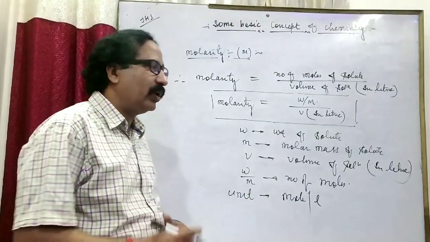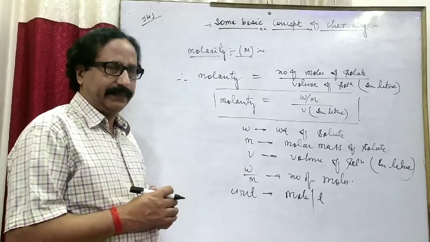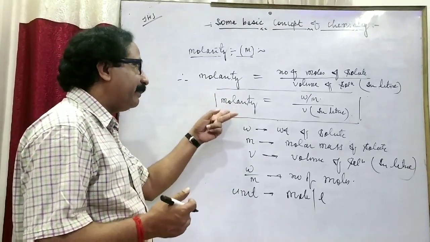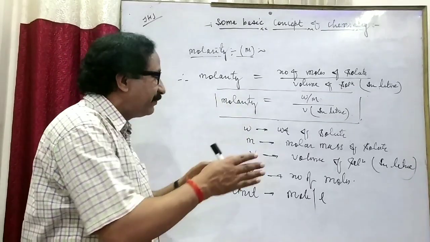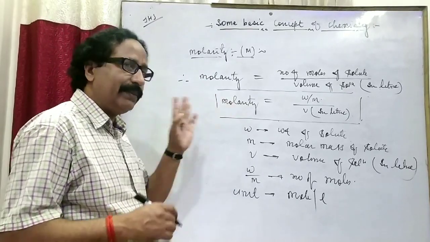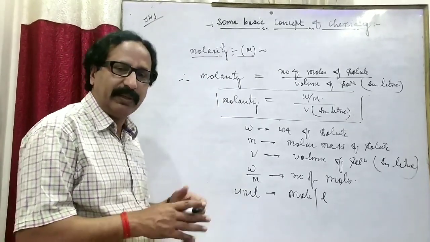This is the molarity. And any solution can be in its variation forms, like molar solution, decimolar solution, semimolar solution. What do you mean by this?